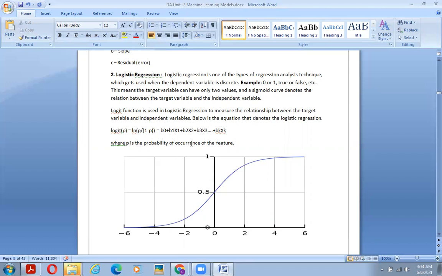Logistic regression is one type of regression analysis technique which gets used when the dependent variable is discrete, when the output is either 0 or 1.